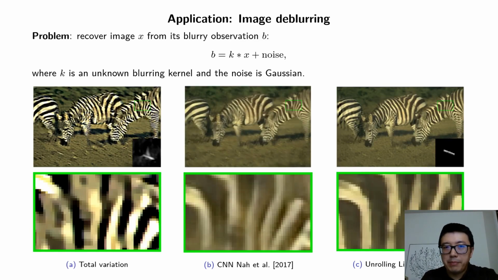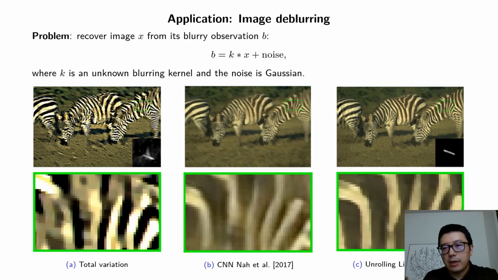Here's another application called image deblurring, where X stands for the image. A stands for convolution, which simulates the process of causing an image to blur, and the measurement may be corrupted by noise.